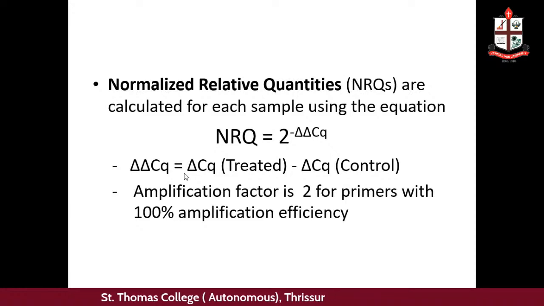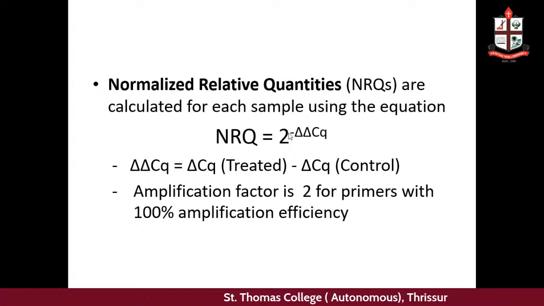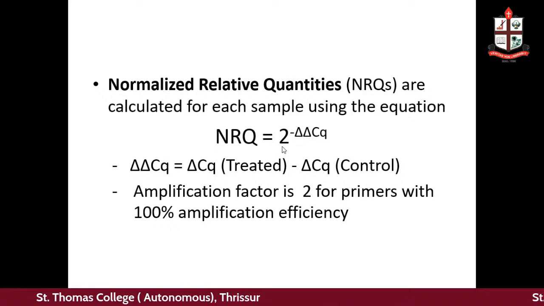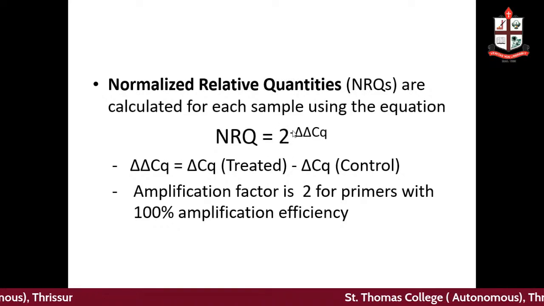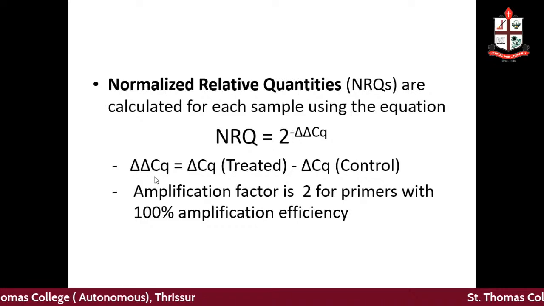So in the first cycle if there are 5, in the next cycle it will become 10, in the next cycle it will become 20, like that it will double. So that is why this delta delta CQ is taken as 2 to the power of delta delta CQ. That is the actual difference in the gene copy number, because delta delta CQ is just the cycle difference.